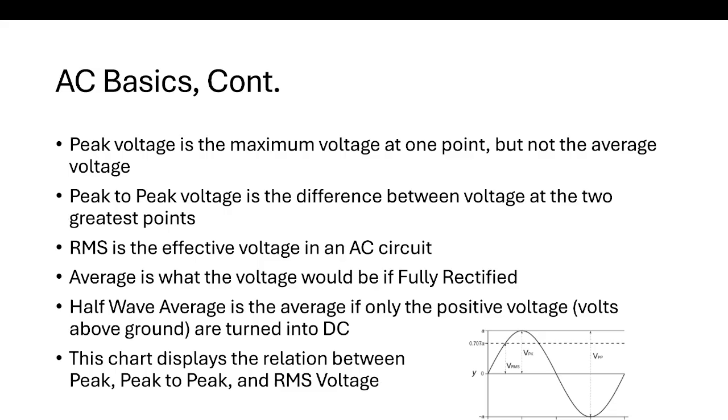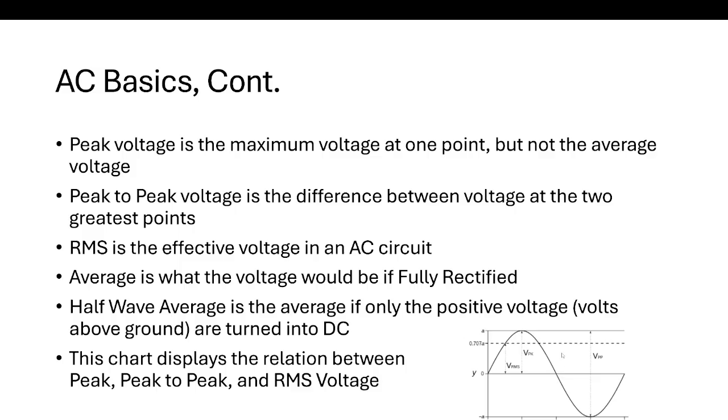The RMS, which stands for root mean square, is the effective voltage in an AC current. Average is the voltage if it would be turned into DC, and half wave average is the DC voltage that you would get if you only took the volts above ground from your AC.